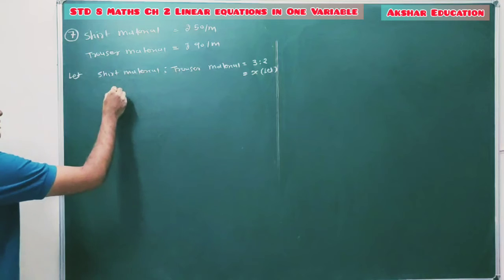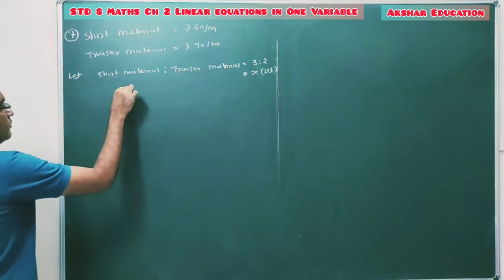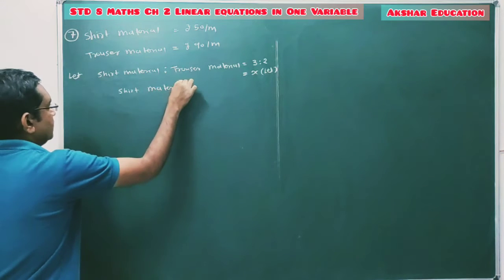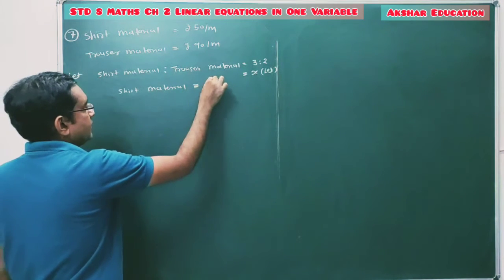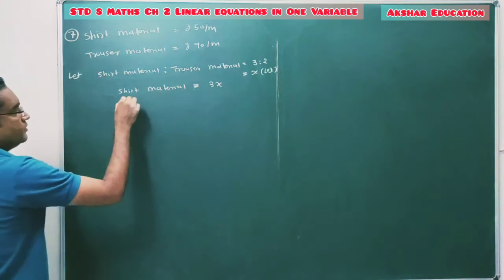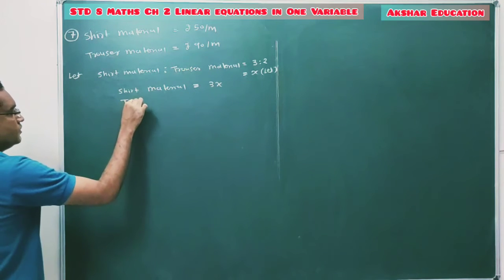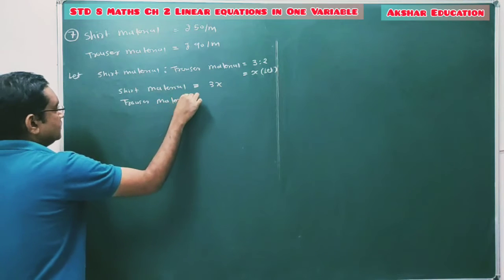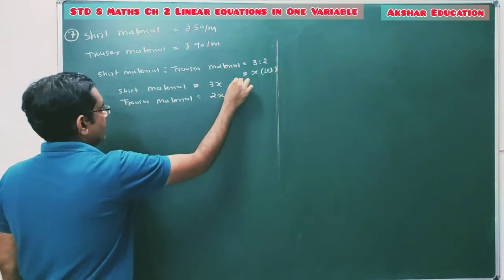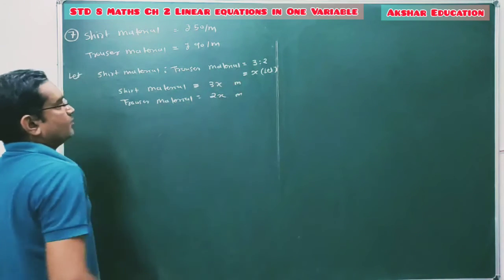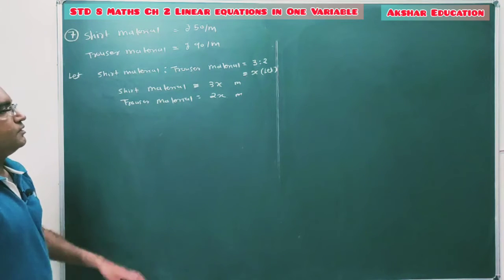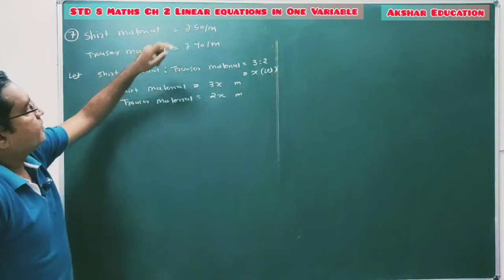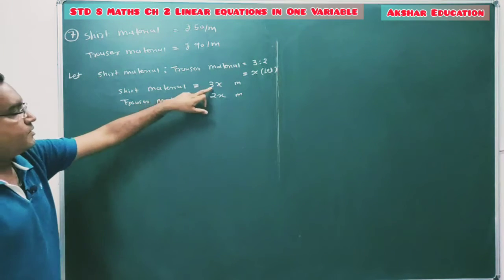So from this we can say that total length of shirt material is 3x meter, and total length of trouser material will be 2x meter. Cost is given. 1 meter costs 50 rupees. Shirt material is 3x.